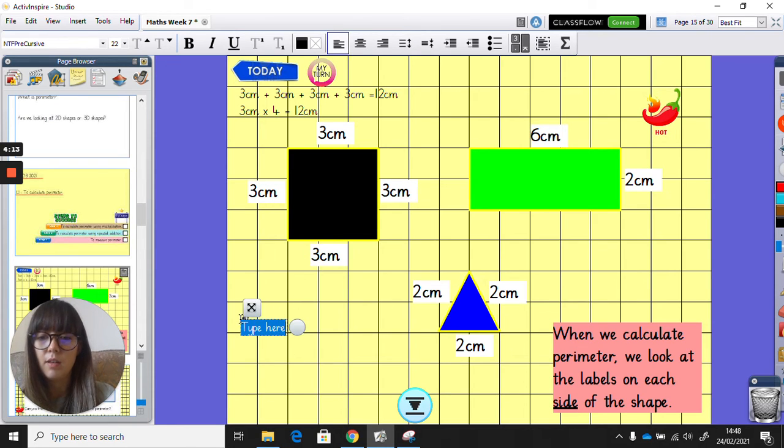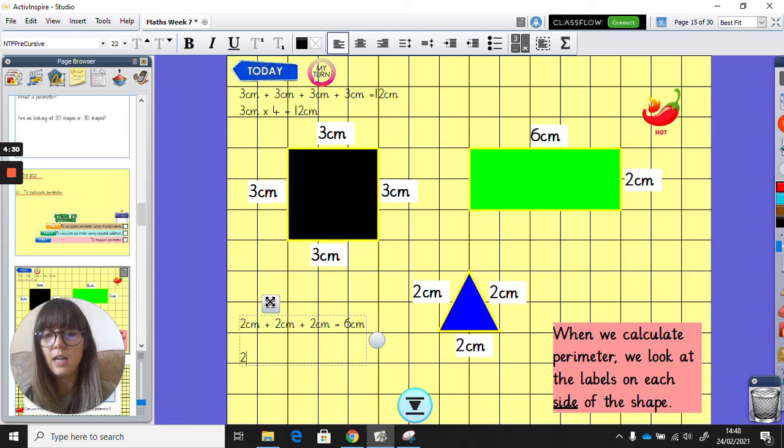Now to work out the answer for this, you would do 2 centimetres, add 2 centimetres, add 2 centimetres, and that's because we've got 2 here, 2 here, and 2 here. Now we know that is 6 centimetres. That's not a hard question, is it? Now again, if you want to be a little bit clever today, you can do 2 centimetres times 3 because you know there are 3 sides in a triangle. Now that would be 6 centimetres, wouldn't it?